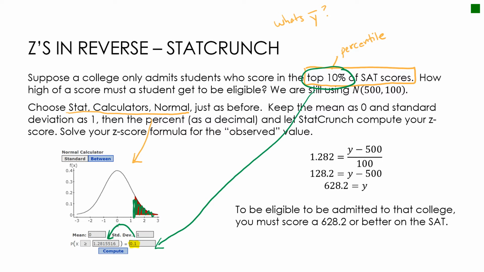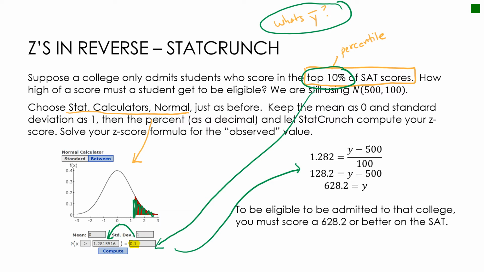So once I have found that value, notice now I'm popping over here to use my z-score to compute Y bar, and it looks like I forgot to put a bar above all of these. But we're saying 1.282 is equal to my observed, which I don't know, minus my expected of 500 divided by my standard deviation of 100.